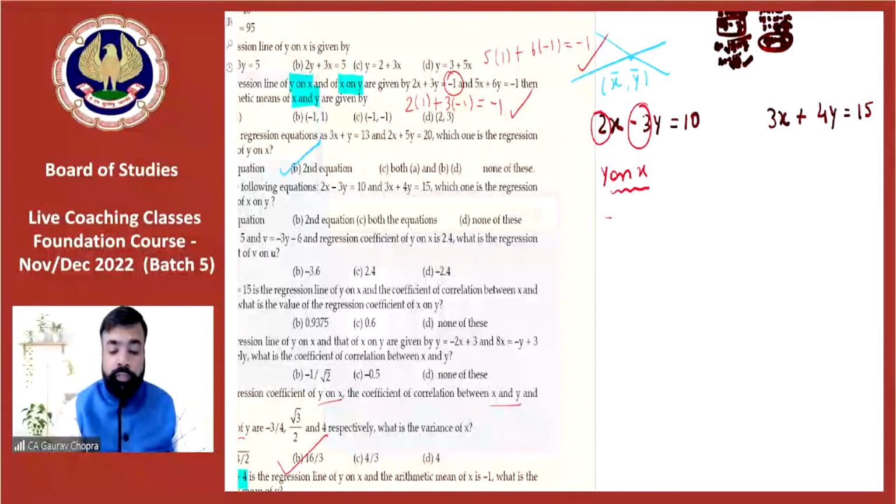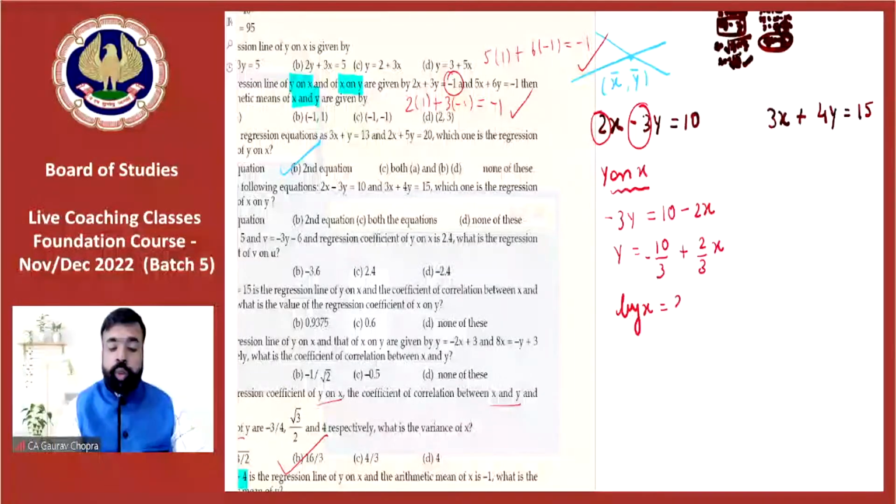On arranging, we get minus 3y is equal to 10 minus 2x. So y equals minus 10 upon 3 plus 2 by 3x. From here, we get byx as 2 by 3.